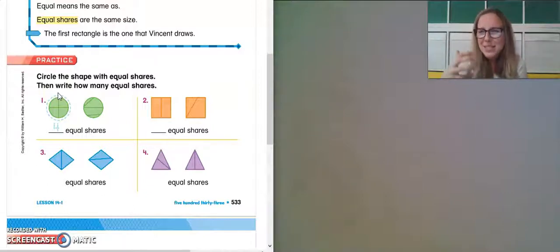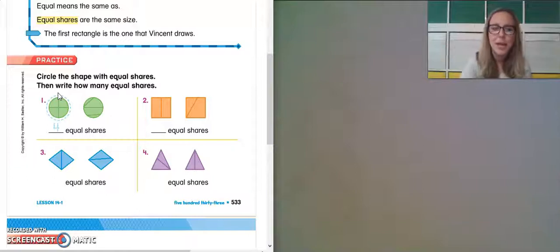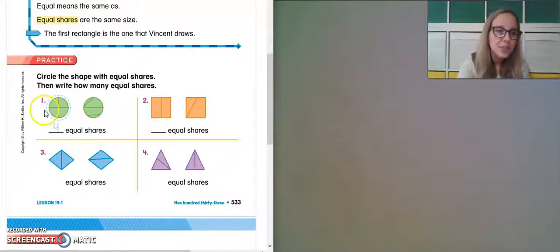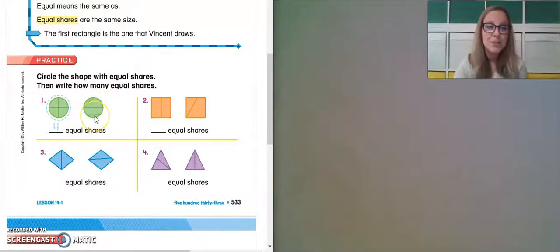They always give you an example to help you understand what they're looking for. In this first one, they circled that this circle is the one that has equal parts or equal shares. We can see that because all 4 parts are the same. Looking at this circle, yes, they broke it into 1, 2, 3, 4 parts, but they're all different shapes and sizes. So they're not the same, they're not equal.